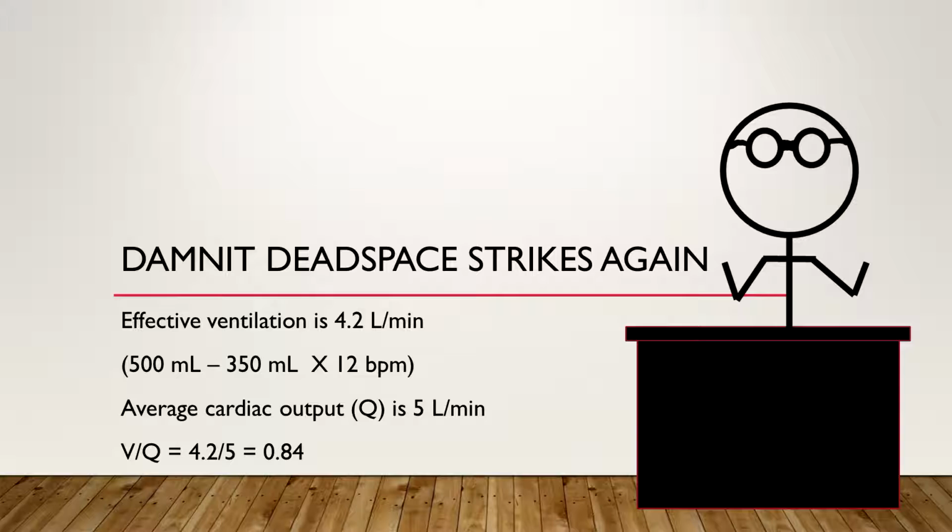Cardiac output is approximately 5 liters per minute on average, which means that under normal circumstances, the best we can do for a VQ match is 4.2 divided by 5, which gives us a ratio of 0.84. So even in normal circumstances, we don't have a complete VQ match, and ventilation and perfusion aren't really as efficient as they could possibly be.